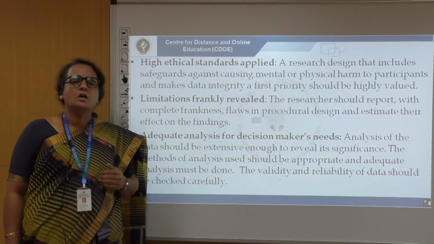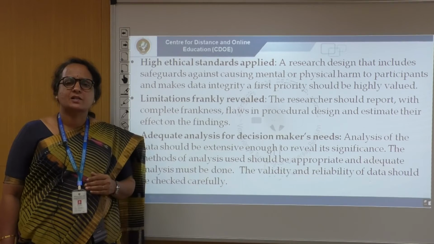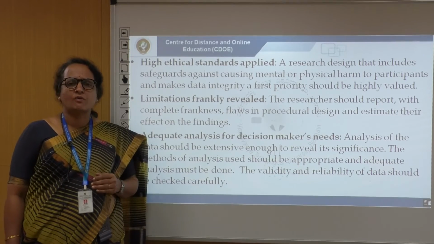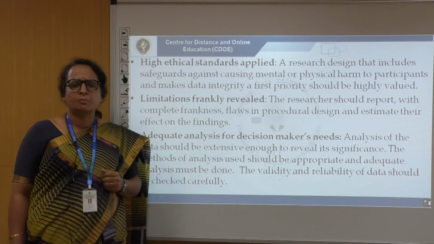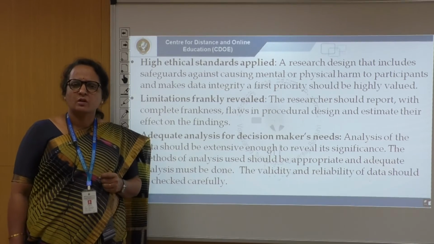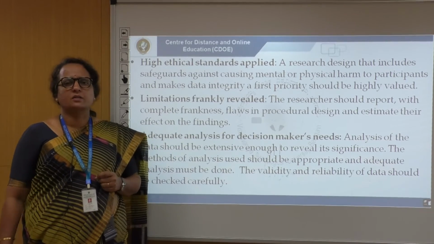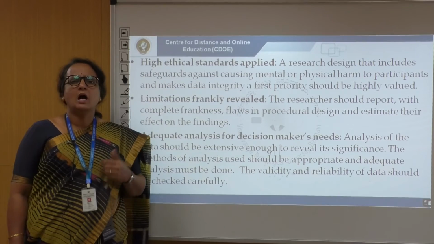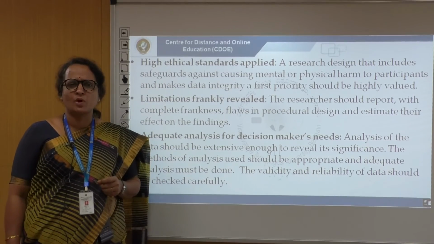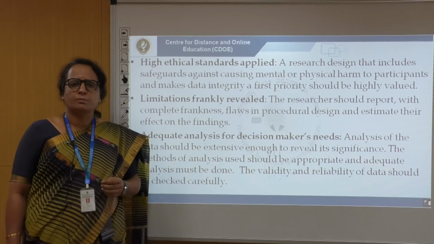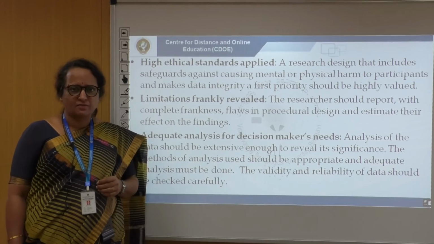Like for example, if a researcher is conducting a study to know the influence of the quality of a particular product on the purchase of the product. Apart from quality, there are some other factors, like the income of a respondent, or the influence of the promotional activities.